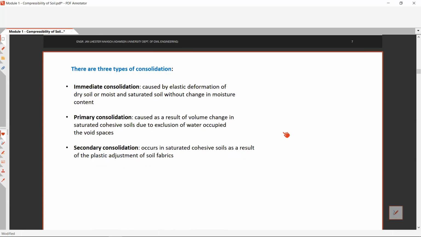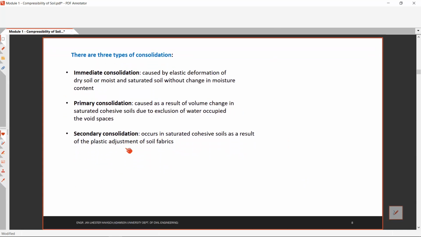So there are also three types of consolidation. We have the immediate consolidation, the primary consolidation, and the secondary consolidation. So yung immediate consolidation is like a compaction settlement. So it was caused by elastic deformation of dry soil or moist and saturated soil without the change in the moisture content. So parang elastic pa siya.